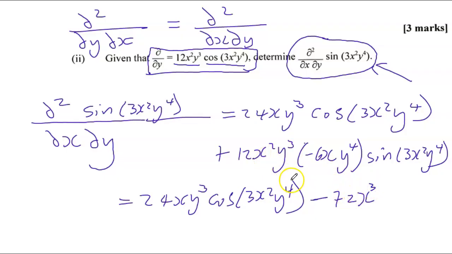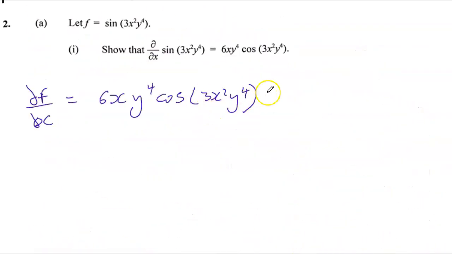And y times y to the 4th power times y cubed, that's y to the 7th power, so we add the powers there. Sine of whatever is in the bracket, which is 3x squared y to the power 4. I just want to remind you that the same problem could have been done by differentiating this function with respect to y. You'll end up with the same result.